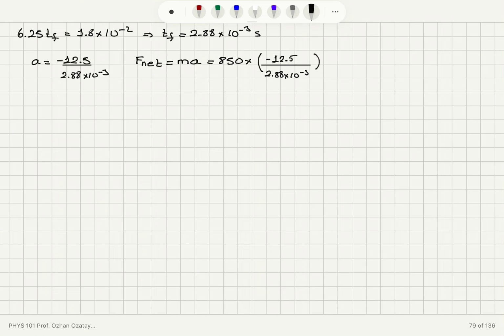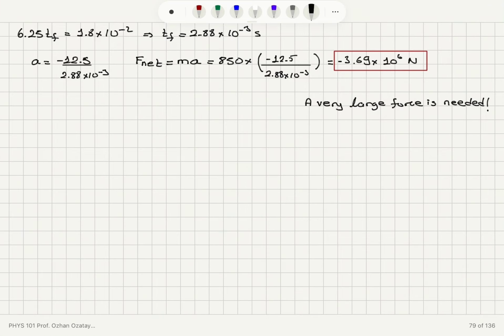So therefore we need a force which is minus 3.69 times 10 to the 6 newtons, up to 3 significant figures. So this is the force we need. It's negative because it's deceleration. And basically my conclusion is that in order to achieve this task, a very large force is needed.